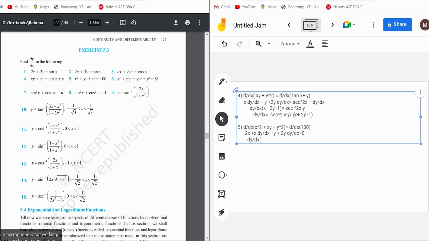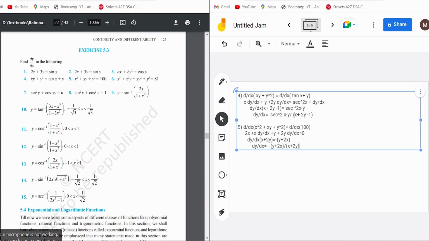So taking dy by dx common, I will get x plus 2y, ठीक है, x plus 2y equal to minus y minus 2x, because उधर जाएगा तो it would be minus of y plus 2x। ठीक है, तो अभी यहाँ से मुझे मिल जाएगा dy by dx equal to negative of y plus 2x divided by x plus 2y। जल्दबाजी में इसको कैंसिल मत कर देना, बिकॉज एक में x 2 के साथ है, एक में 2y के साथ, so it would not be cancelled. So this is our final answer to this question.